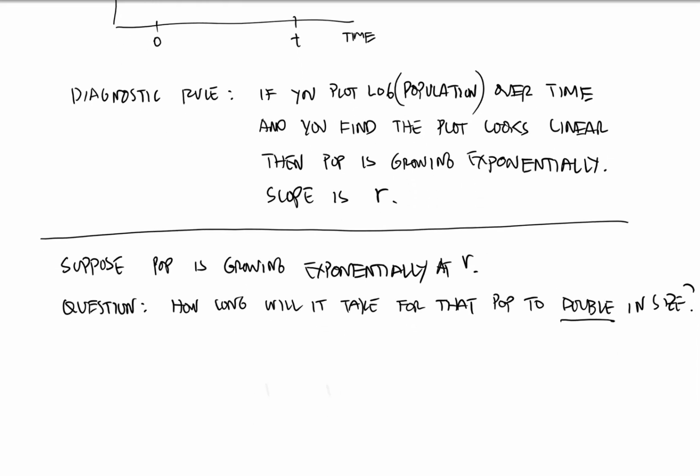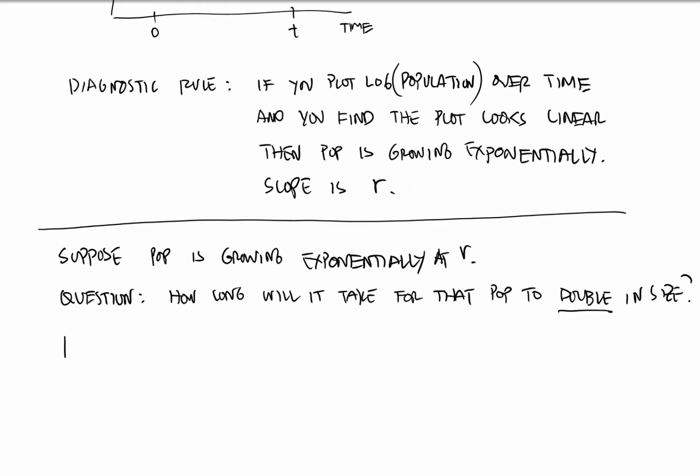What was our exponential model? It was that k(t) equals k0 e to the rt. We're given an r, it's growing at the rate r, and we want to solve for t that gives us the time that it takes to double. Well, to double, we want k(t) equal twice k0.